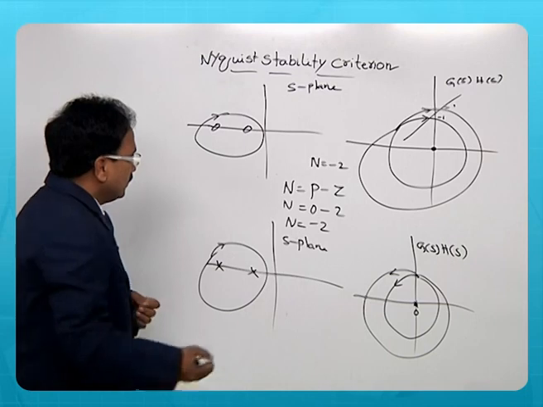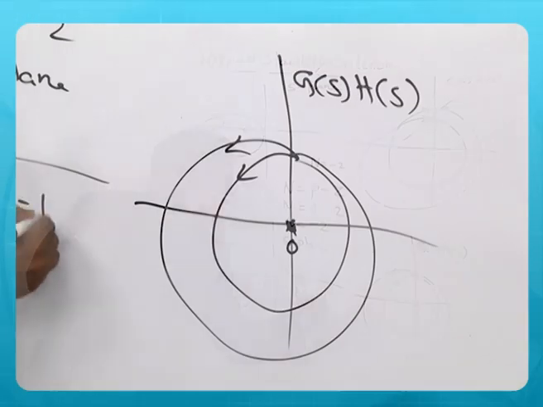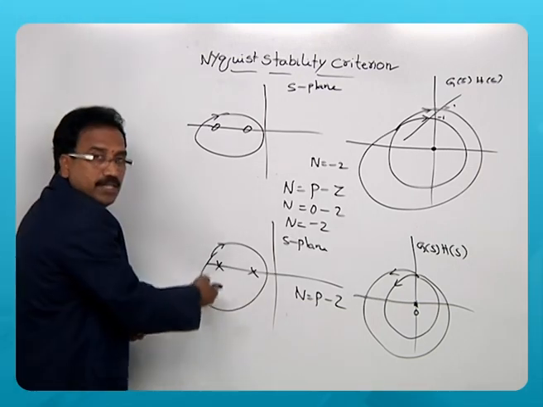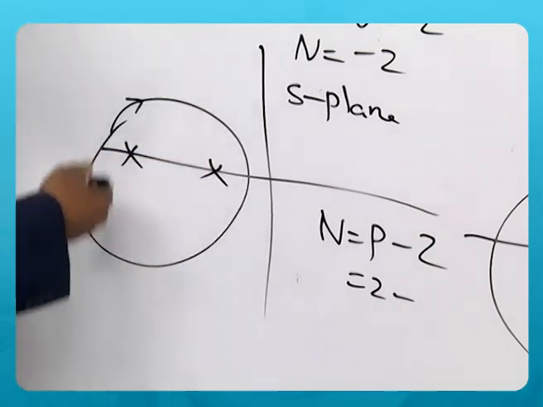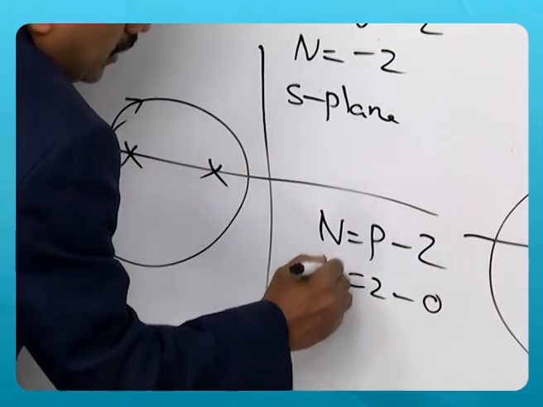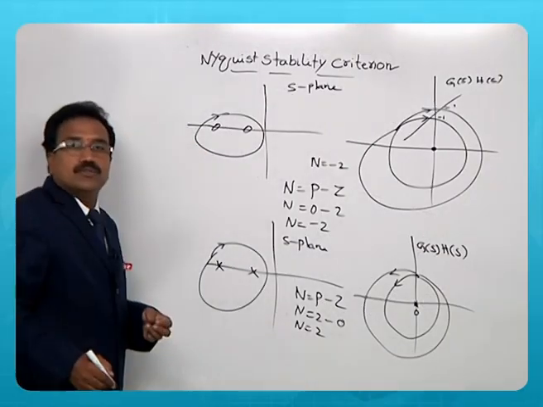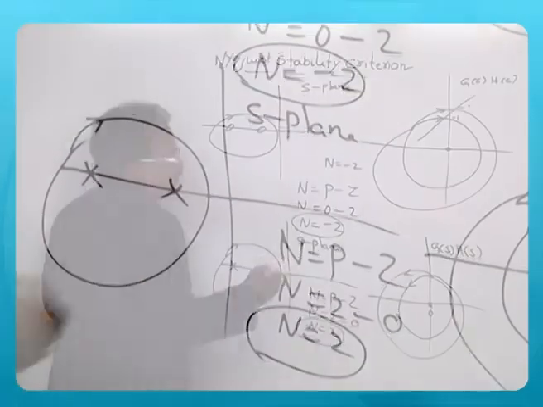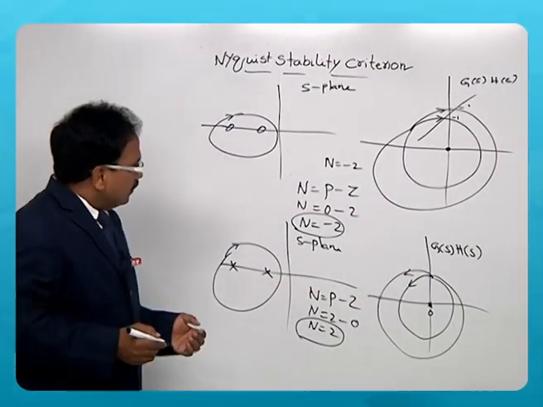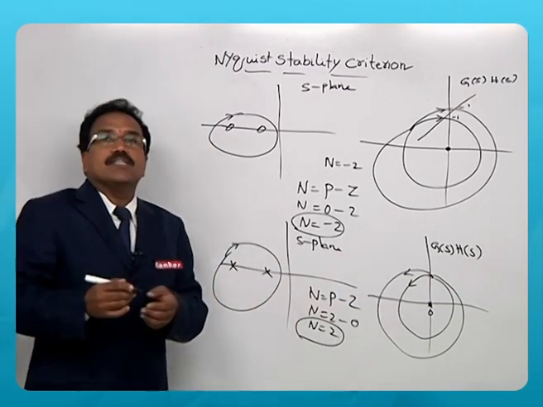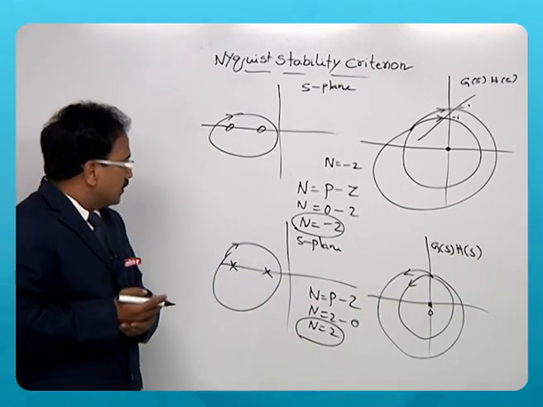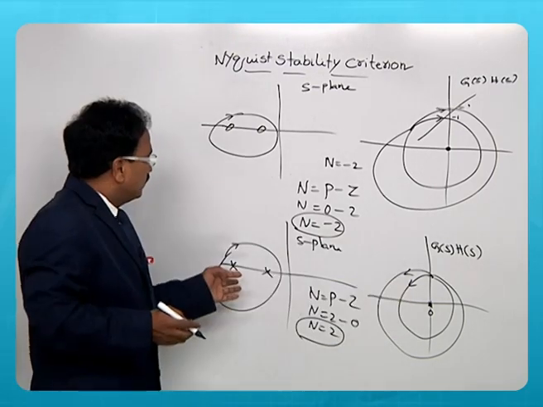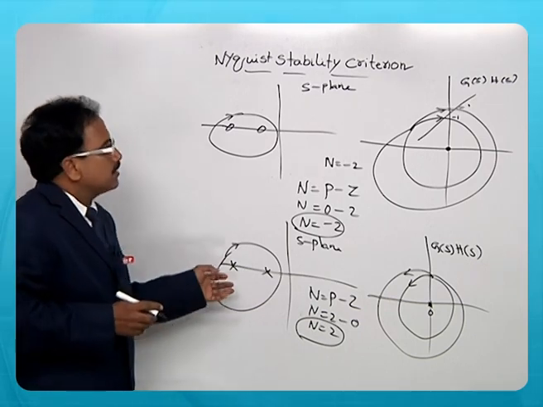That is given by the mathematical relation n is equal to p minus z, where p is the number of poles covered, here 2, and no zeros, so n is equal to 2. The difference between n equal to plus 2 and n equal to minus 2 is only the direction. Counterclockwise direction is considered positive, so the number of encirclements about the origin is 2 when there are two poles covered in the S-plane.